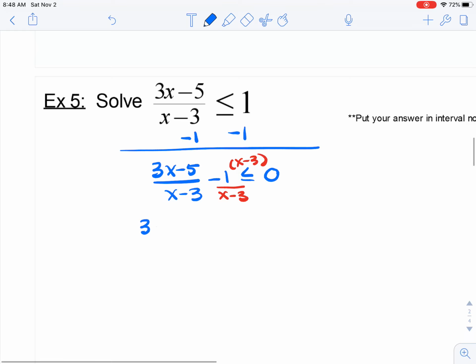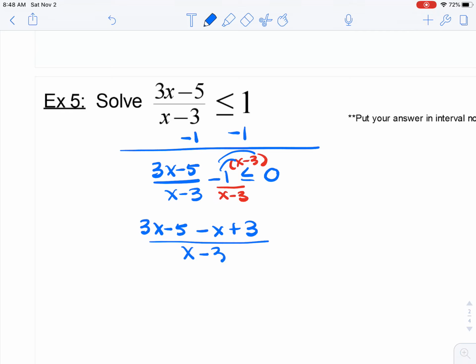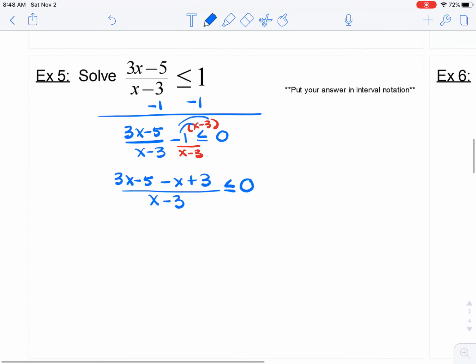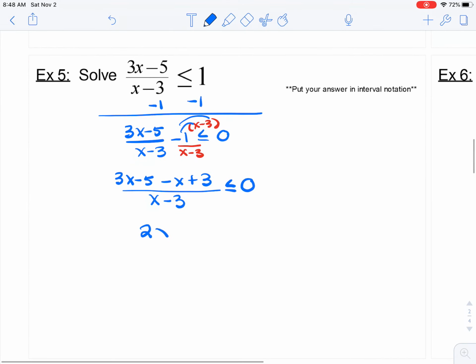So then I would get 3x minus 5, and then I can distribute a -1 here, so it would become -x plus 3 over that common denominator. So if I simplify the numerator, I would get (2x minus 2) over (x minus 3) is less than or equal to 0.